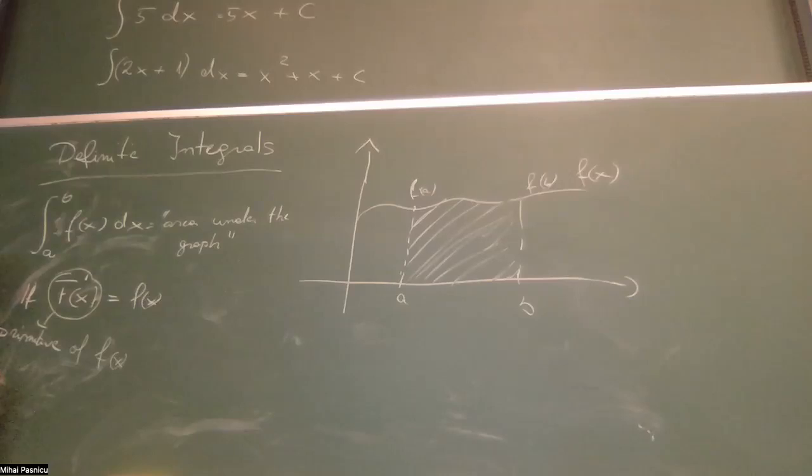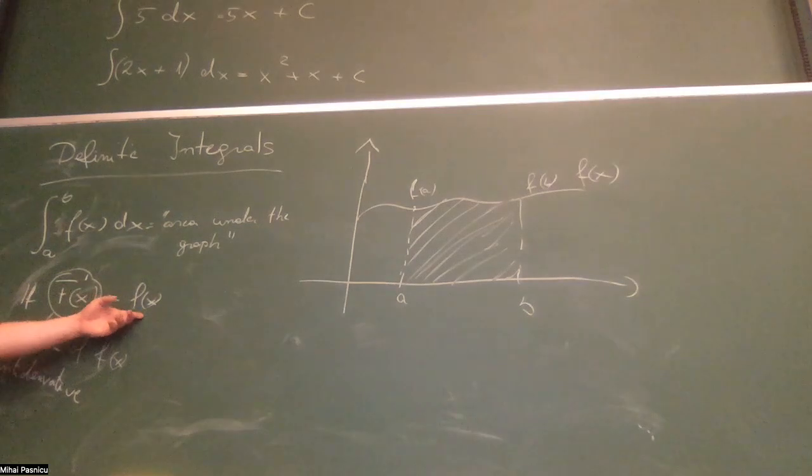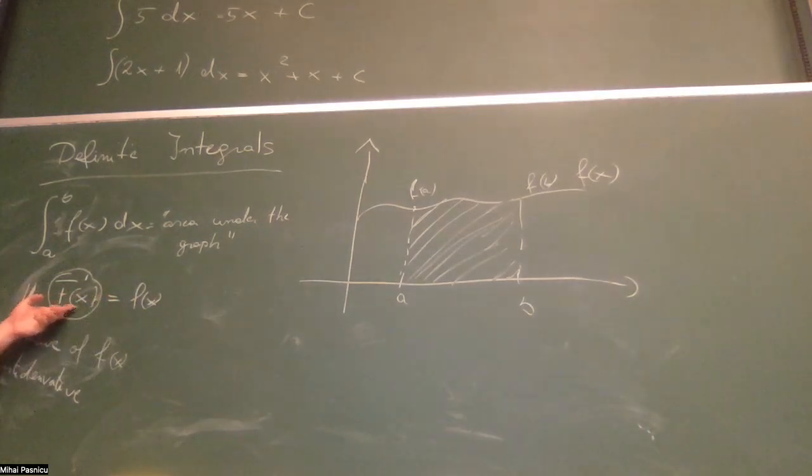I've heard in some literature it being called antiderivative, which is kind of intuitive. If small f is the derivative of big F, then big F is the antiderivative of small f. So it kind of makes sense.